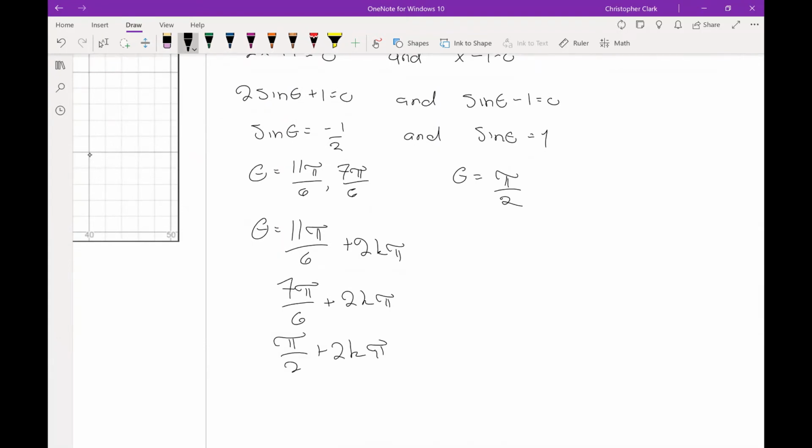But here's the thing, if I'm only looking for the interval 0 to 2 pi, if I add or subtract 2 pi to any of these, I end up outside of my bounds. So in fact, k has to be 0 for all. This means that my solutions are just theta equals 7 pi over 6, 11 pi over 6, and pi over 2.